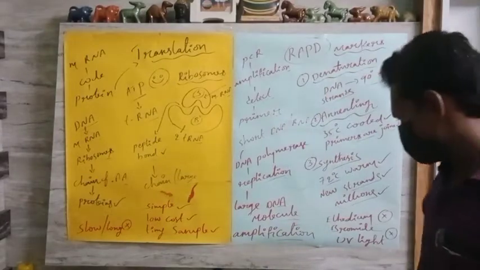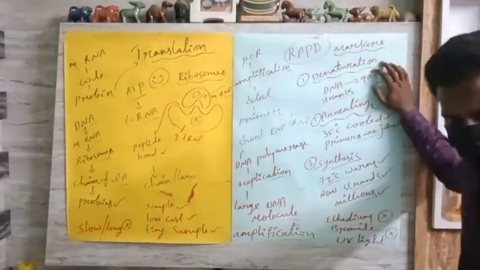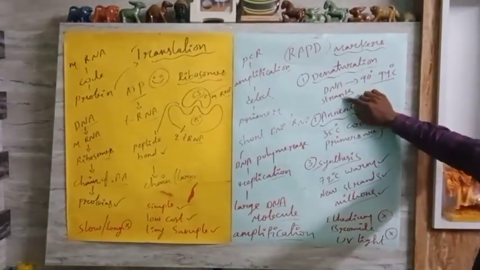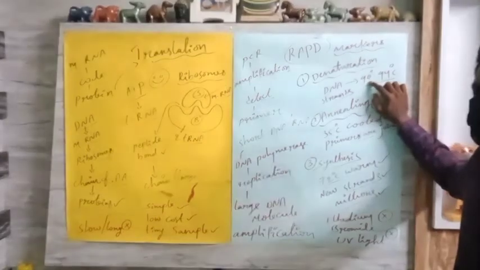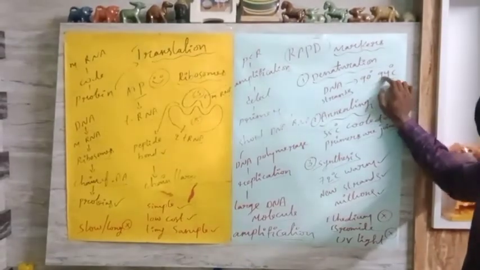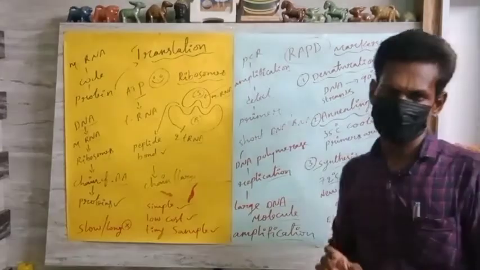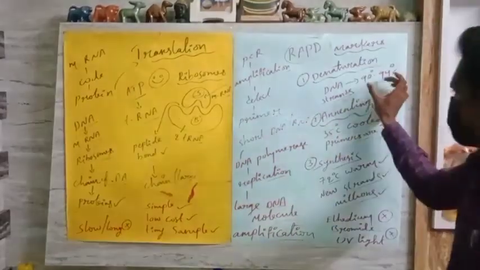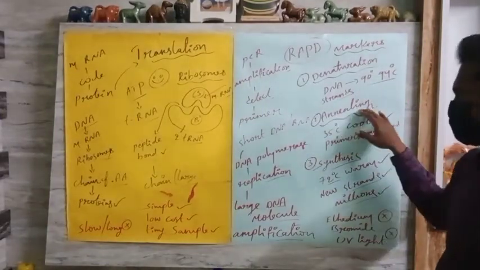So first, let's see denaturation. In denaturation, the DNA molecule, that strand, is treated at a temperature of 90 to 94 degrees Celsius. So that is the first step. Remember the temperature range.